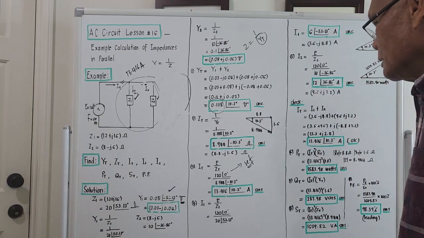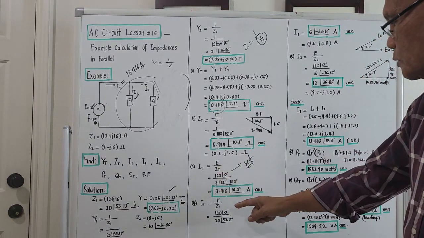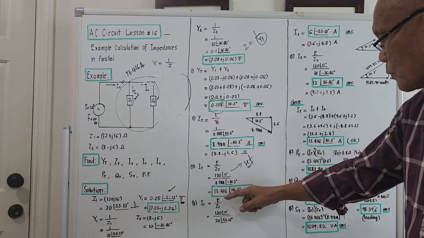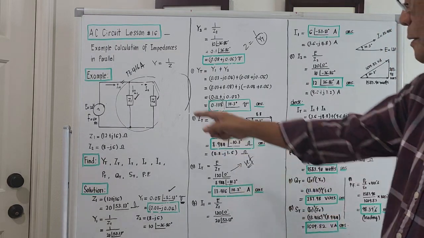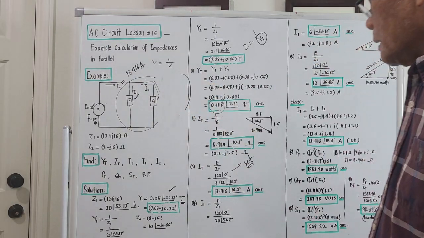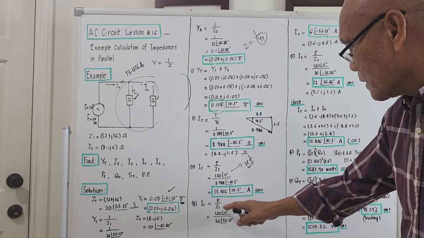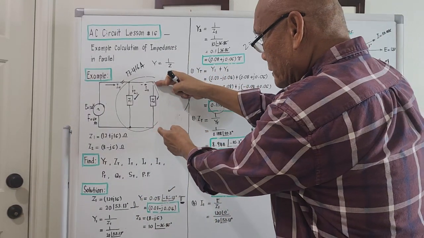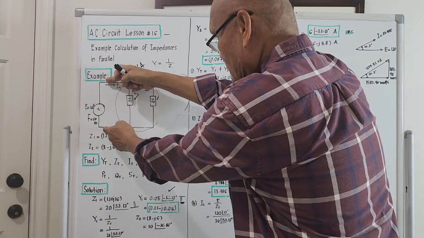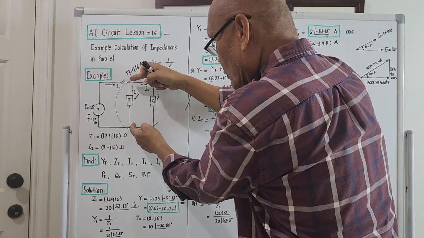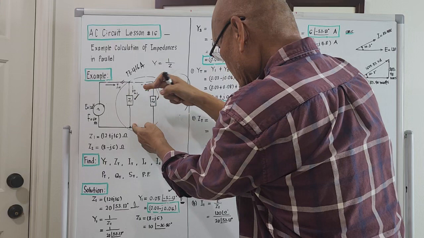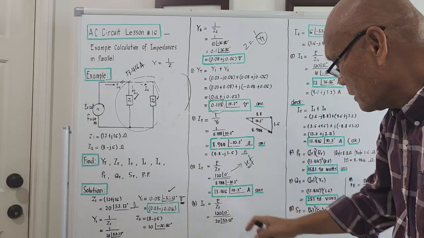So we now know the magnitude of the total current is around 13.416 amperes. That's the total current. If we try to compute for I1, it's an easy matter now. It will be E over C1 because the voltage here is same as here, same as here. We know the polar equivalent of this, so we could compute for I1. That will be E over C1.